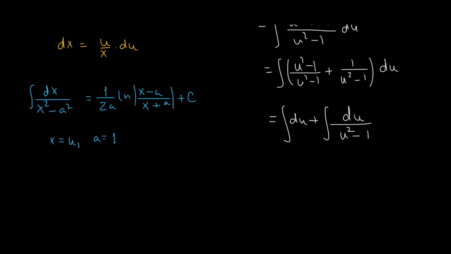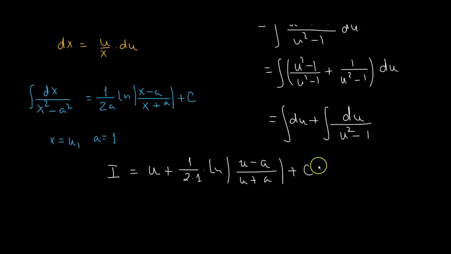So that means our integral will now become I is equal to the integration of du, so that's u, plus 1 over 2a, so that will be 2 times 1, times natural log of, we have x minus a, so that will be u minus a, so we have u minus a divided by u plus a, plus the constant of integration c.